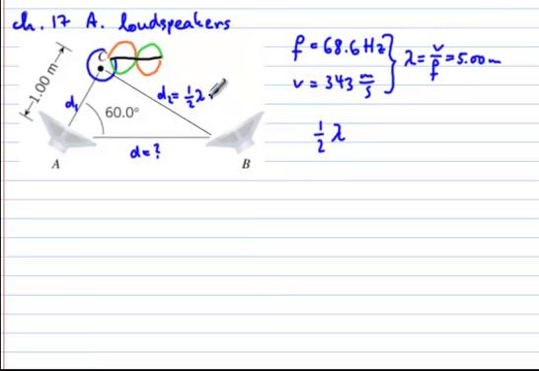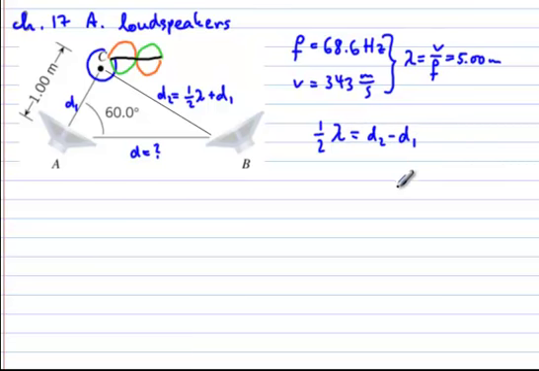So d2 equals 1/2 of the wavelength plus d1, and then we have destructive interference. Look at this carefully. If d2 is just that 1/2 wavelength longer than d1, then we will have crest on trough. So 1/2 wavelength equals d2 minus d1.